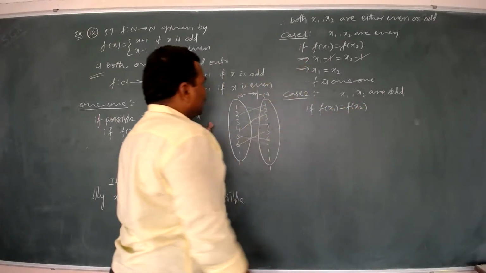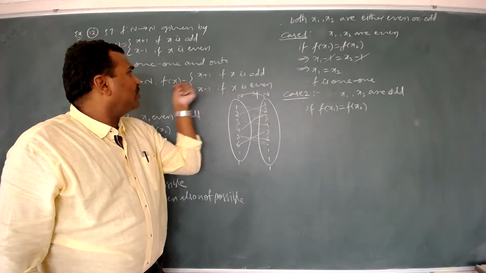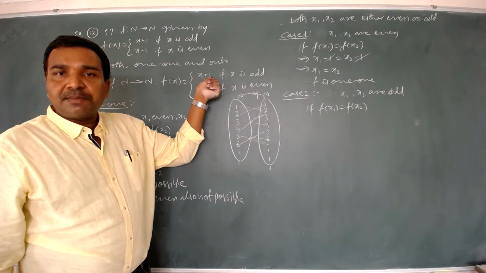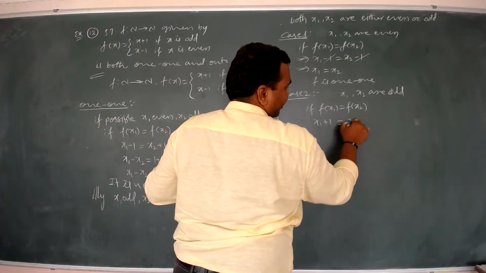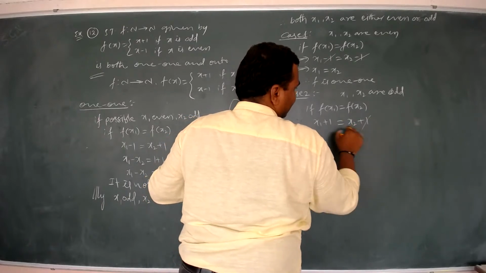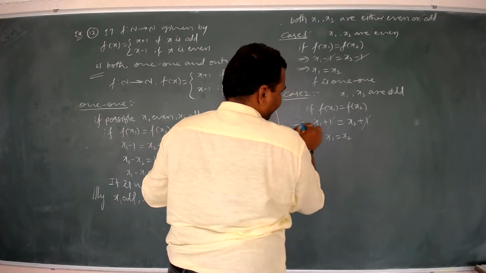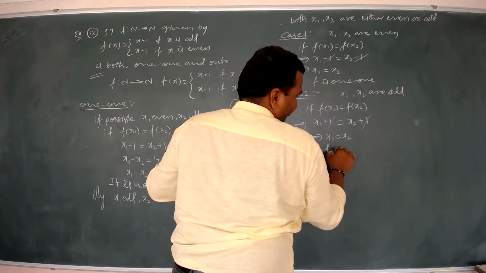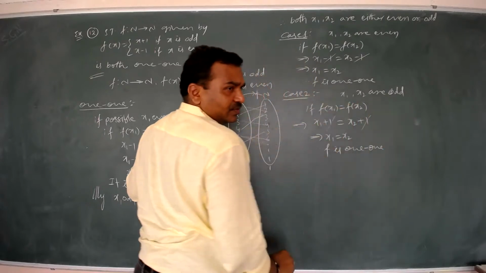What are x1, x2 here? x1, x2 are odd numbers. Now, if x is odd, what is f of x? x plus 1. So x1 plus 1 equals x2 plus 1. So 1 gets cancelled, we get x1 equal to x2. Therefore, f is 1-1 in both the cases.